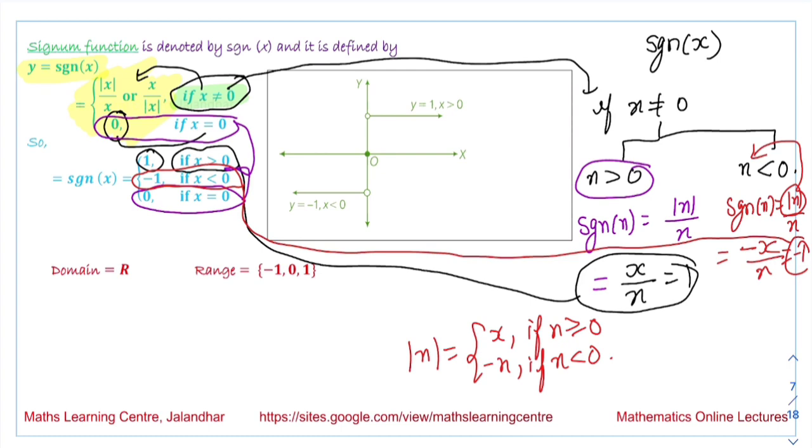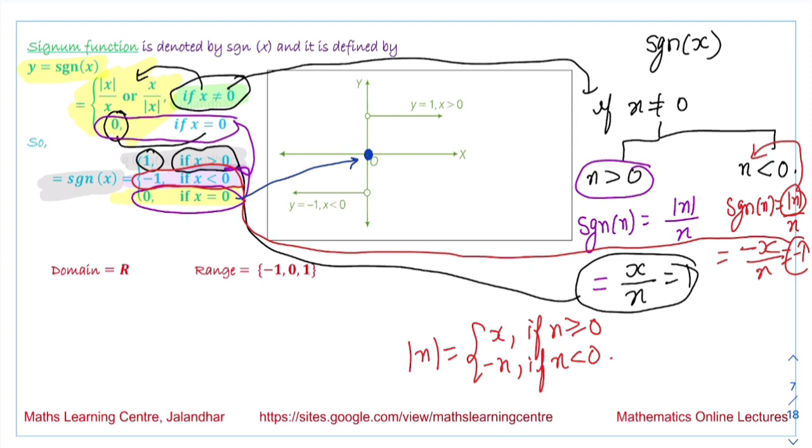So the signum function is also defined like this: if x is greater than 0, the answer is 1. If x is less than 0, the answer is minus 1. And if x is equal to 0, the answer is 0. So if we plot this function, for x equal to 0, the answer is 0.